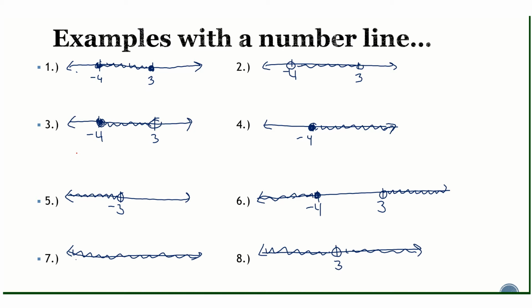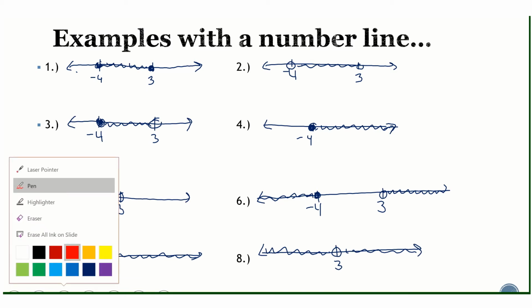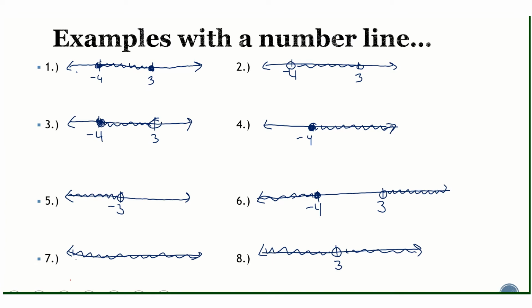So you kind of have to go back to what it means to graph something on a number line. Remember, you always shade in the solution. So if the circle is shaded in, it means that the -4 and the 3 are included. Now, the way you would express that using interval notation, and I do want to make sure that I change my color up here, we'll change it over to green, is you would do the -4, so you always put the lower number on the left, you put the larger number on the right.